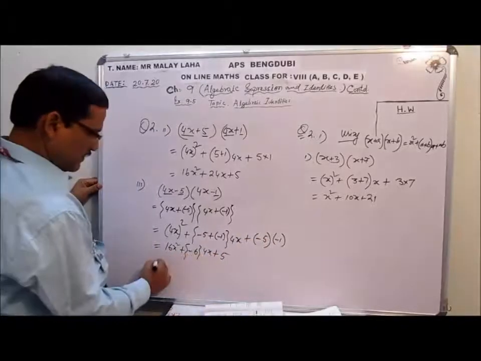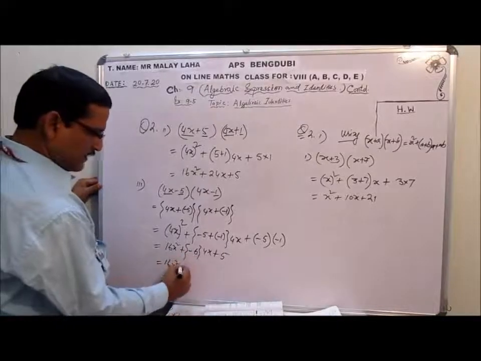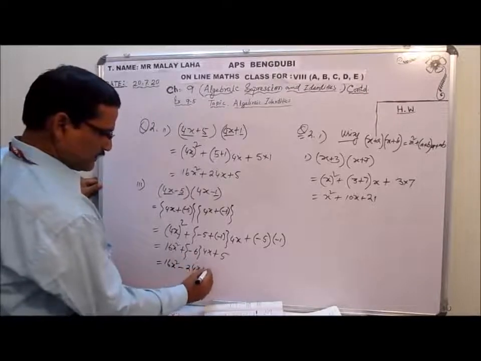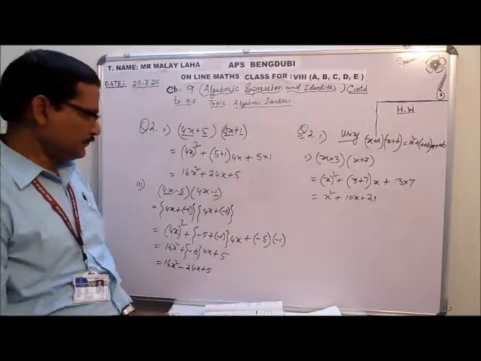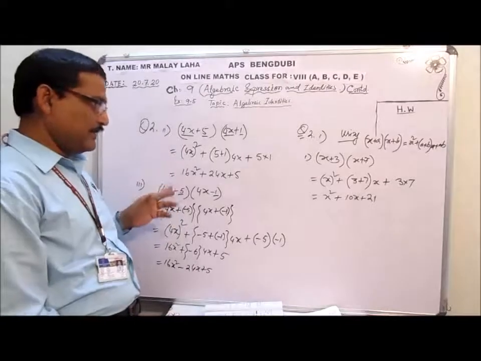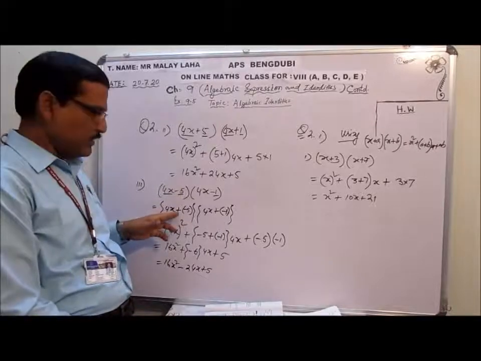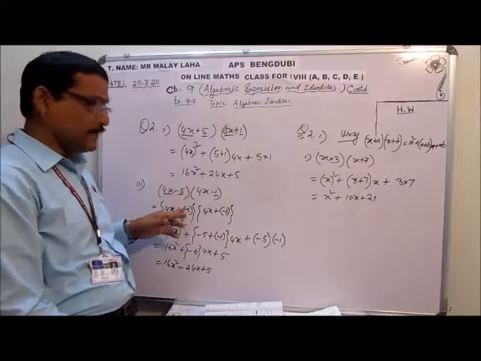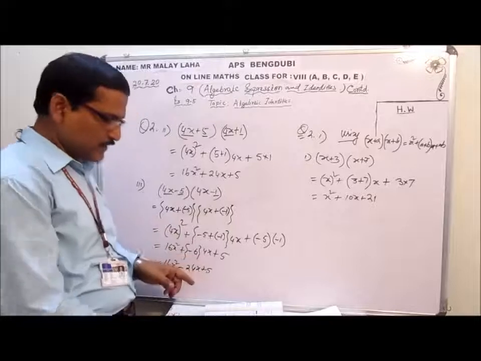Simplify further: 16x square minus 24x plus 5. This is the answer. Any doubt? Be careful with this negative sign. In the identity there is no negative sign, that's why I have made it positive. Plus sign outside, its own sign I have kept in brackets so that it can follow the particular identity. Otherwise I cannot do it.